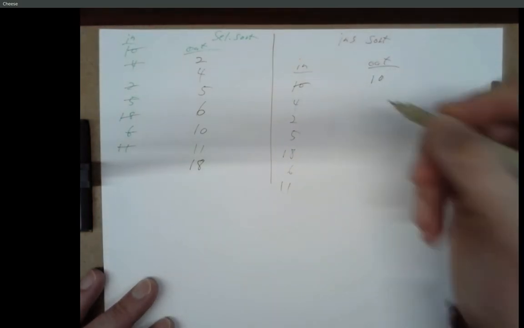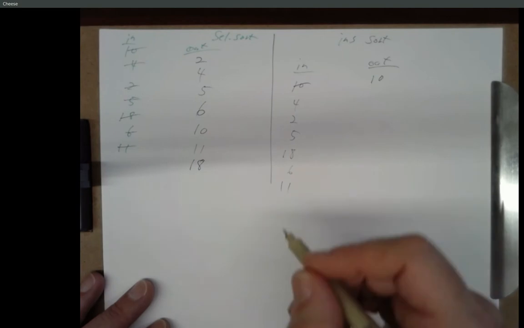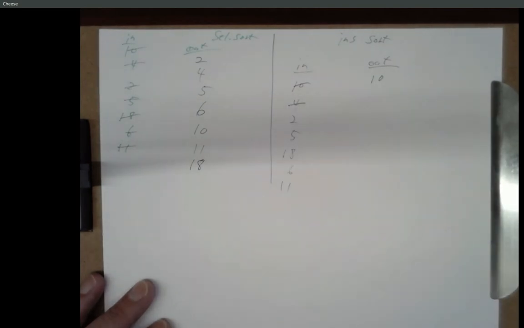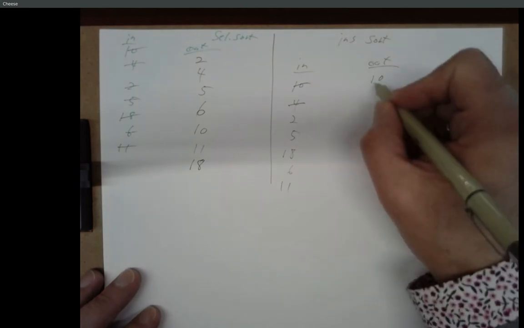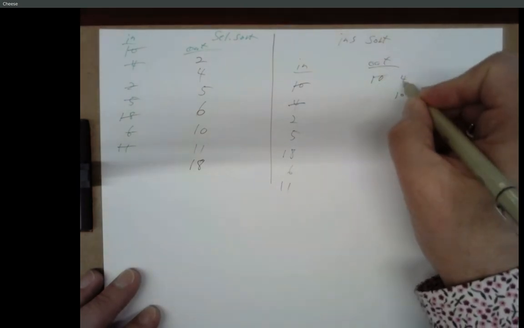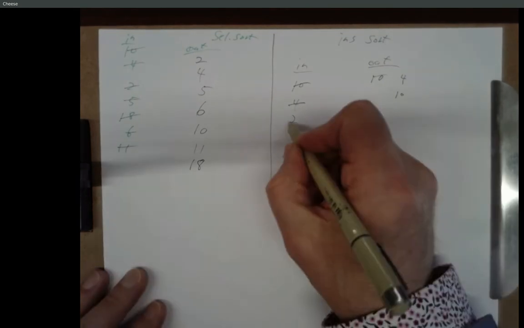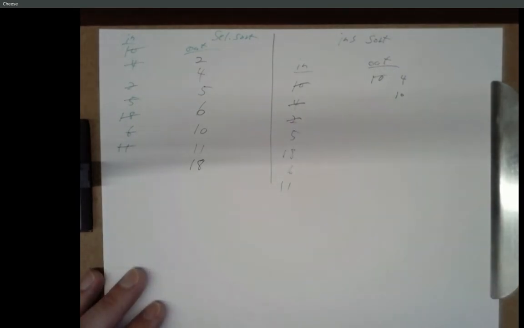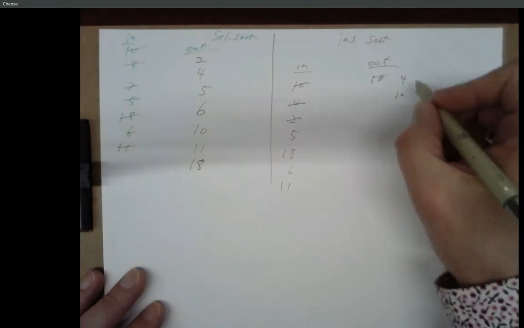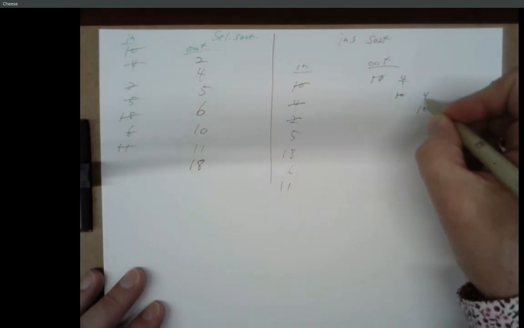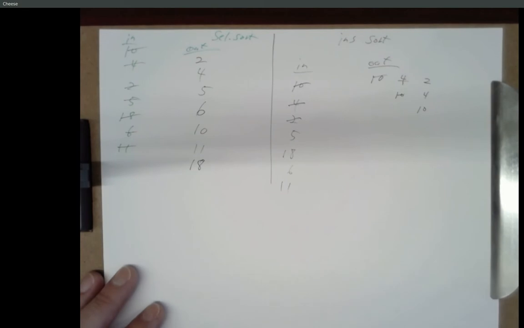So output's empty, so we're just going to insert it in the first position. Grab the second thing, that's a 4, insert that into the output in the correct spot. Well, it should go before the 10, so move the 10 down, put the 4 right there. Grab the next thing from the input, that's a 2, insert that into the output. Well, it should go before the 4, so move everything down, put the 2 right there.